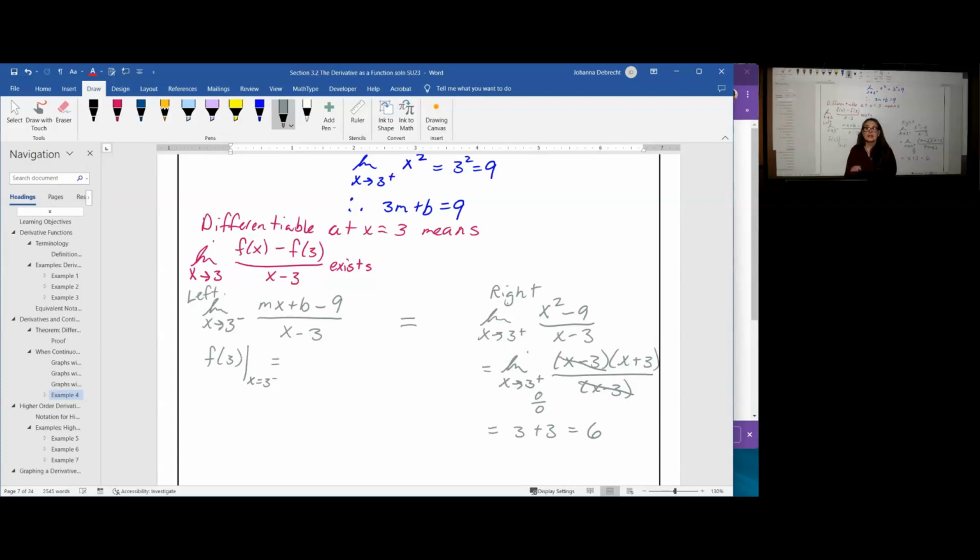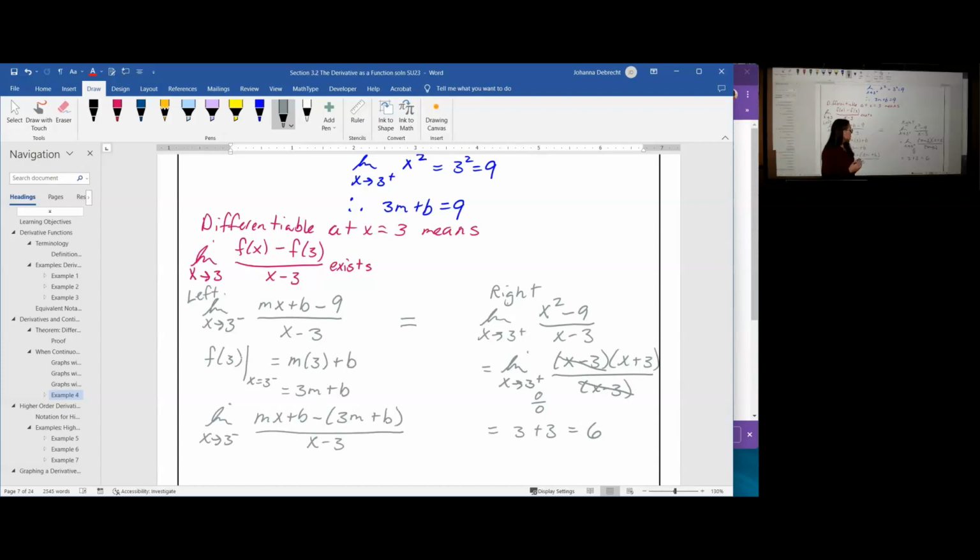Of course, our rule is mx plus b, which means that our rule is going to be m times 3 plus b, which gives me 3m plus b. I need these two sides to be equal to each other, which means that I can now replace that in the limit from the left to get mx plus b minus the quantity 3m plus b, all divided by x minus 3.